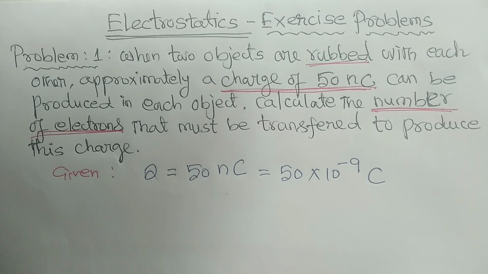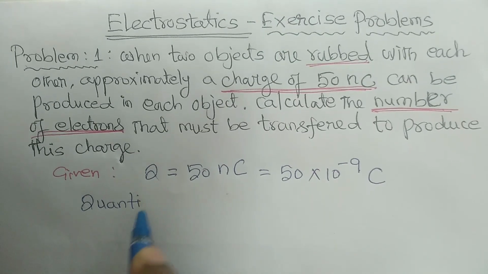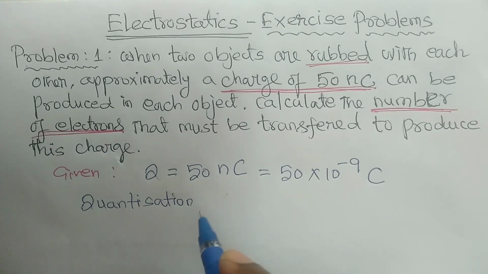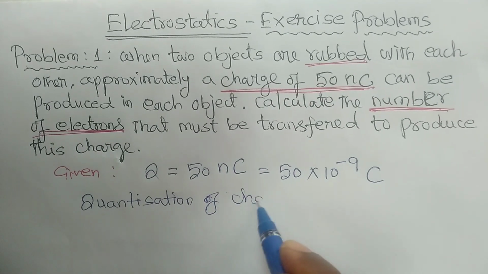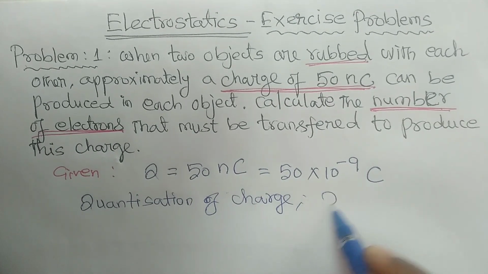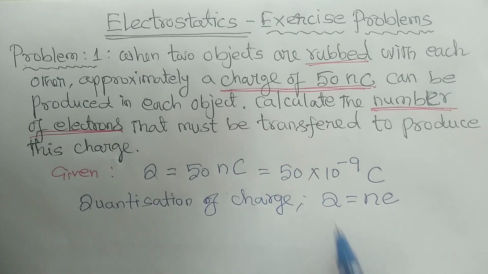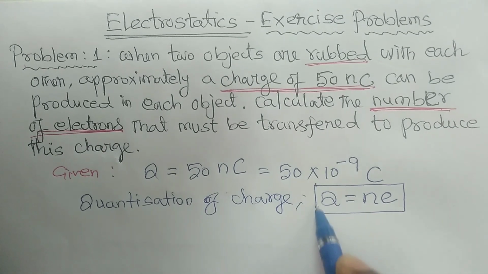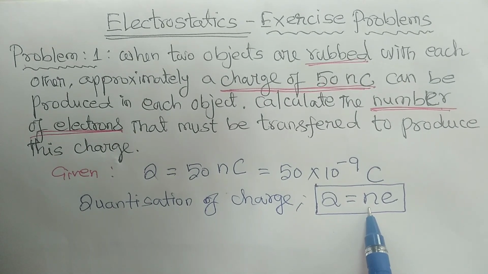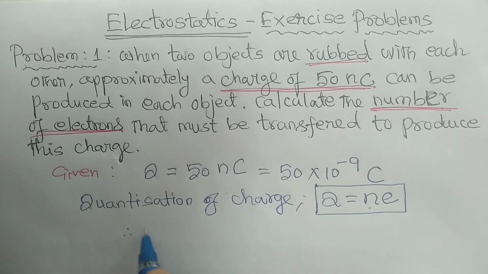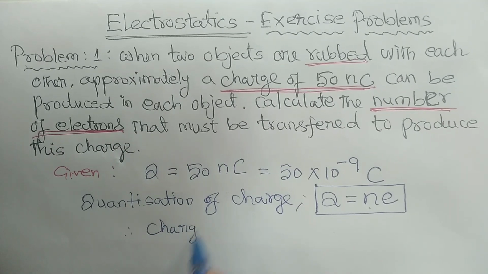So students, you remember the formula which is already studied in the first chapter. So you remember the quantization of charge, the quantization principle. So quantization of charge Q is equal to NE, where N is the integer, N represents the number of electrons, where E is the charge of the electron.